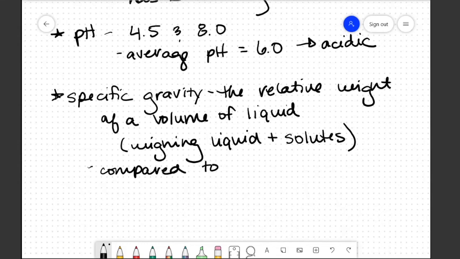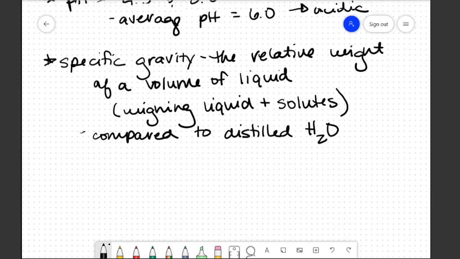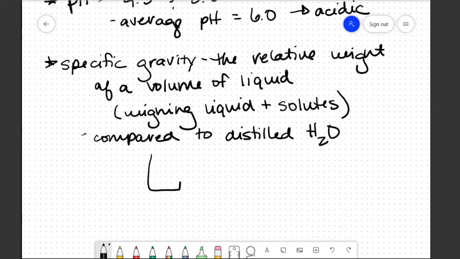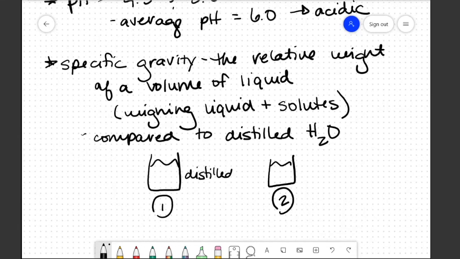This is where that specific gravity comes in. If you have distilled water, that means there are no ions or solutes in it. So if you compare that to a liquid that has solutes in it, you're essentially going to have a different weight. If this is condition 1 and this is condition 2, we're going to call number 1 our distilled H2O, and this one is going to be our urine.